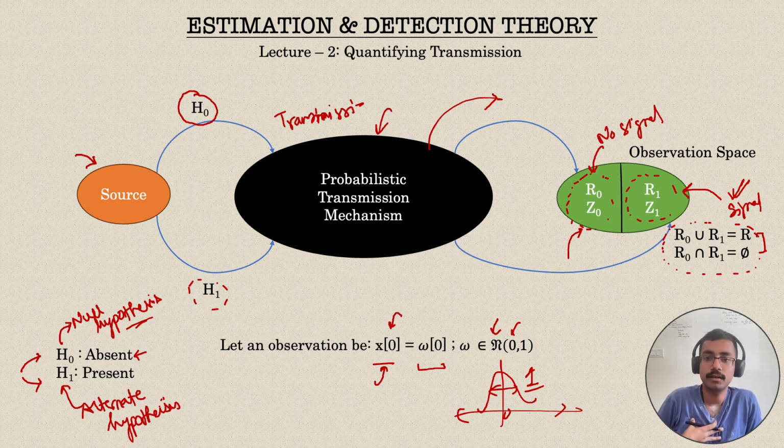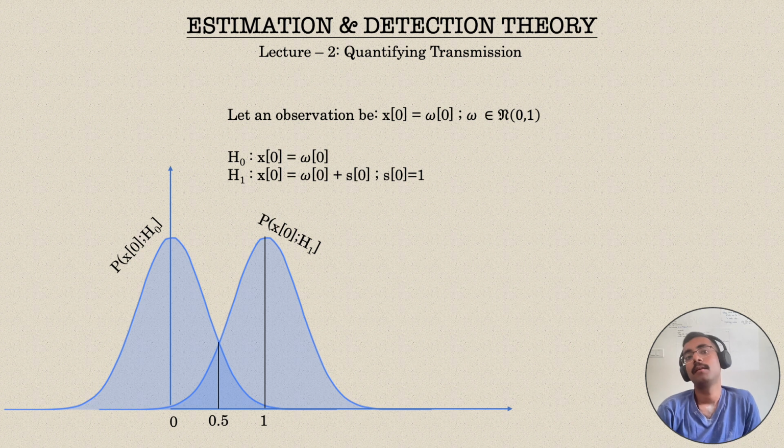We are just assuming that we have an observation which is pure Gaussian noise, which means there is no signal. Because there is no signal and this is just white Gaussian noise, let us assume it to be under hypothesis H naught, the null hypothesis. That means there is no signal.